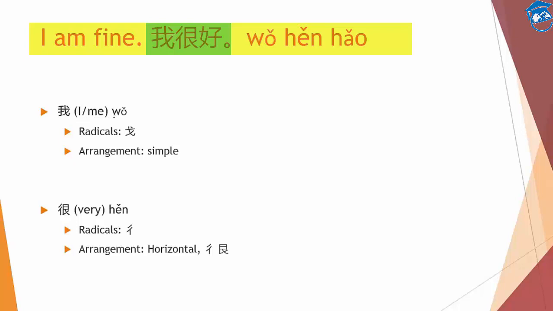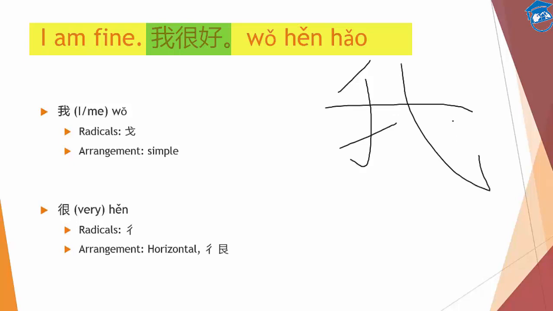So this is the pinyin and this is the radical. The arrangement is simple because it's written continuously. So I'll show you how it's written. 1, 2, 3, 4, 5, 6, 7. Okay?